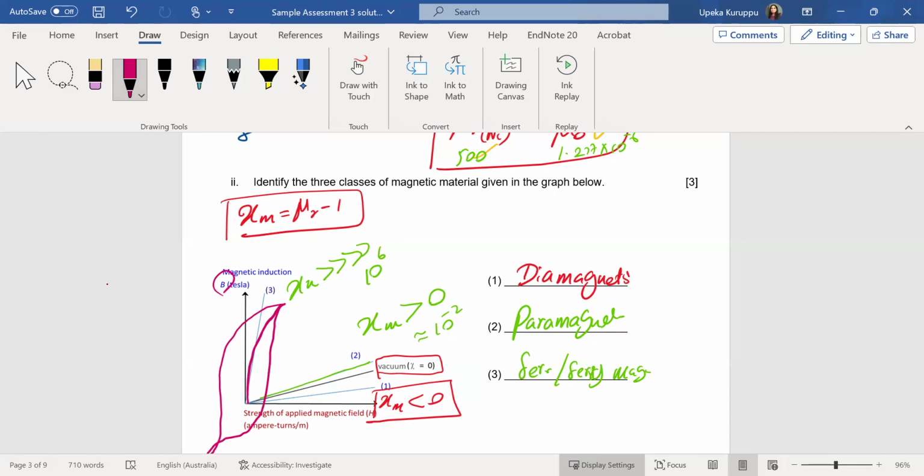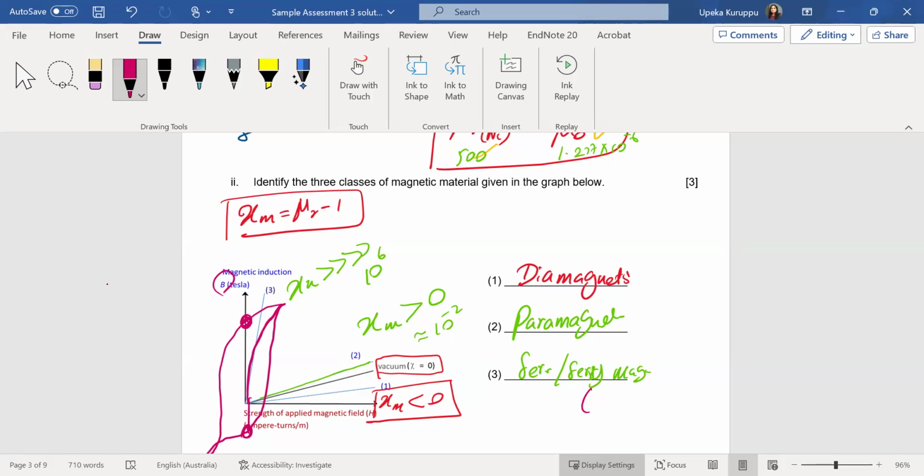We can make permanent magnets with these materials because they retain magnetism. Even when there is no external field, you still have a B here, see? Because of that, they can be converted to permanent magnets. And permanent magnets we can divide into 2 categories, soft magnets and hard magnets.